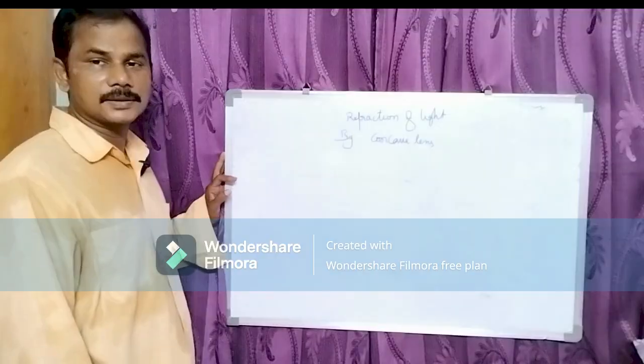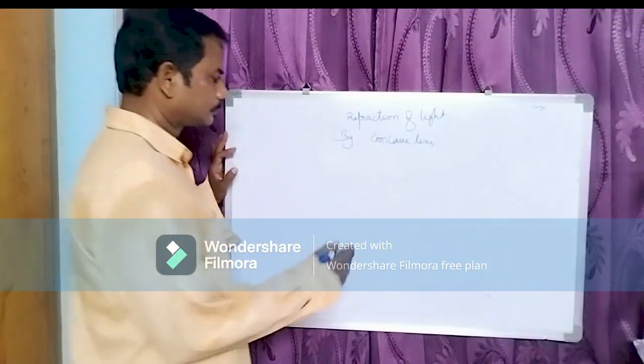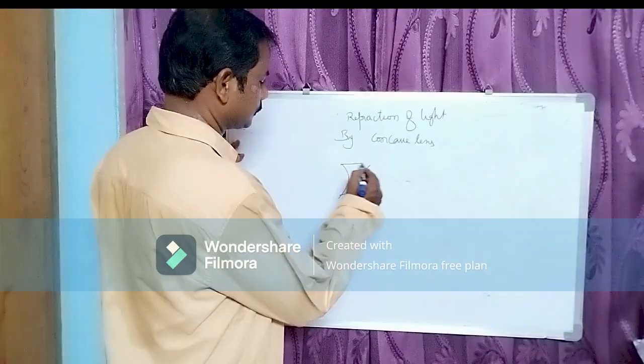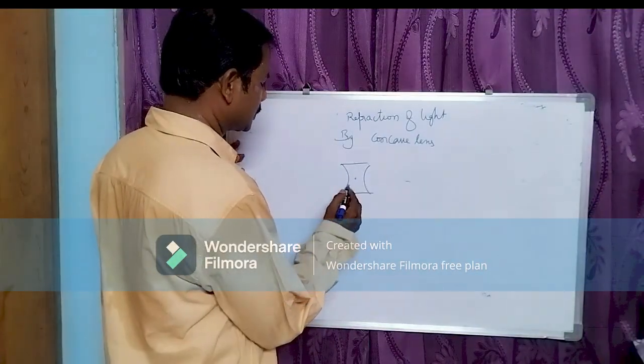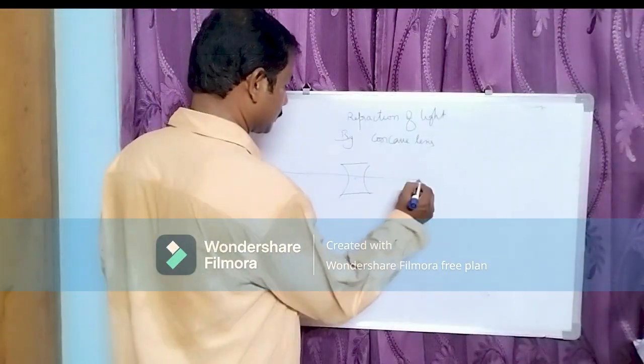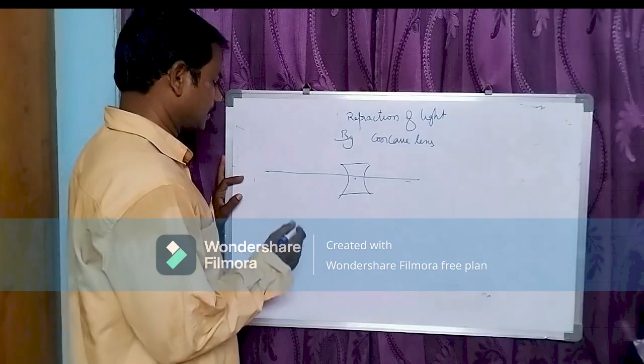Here we have only two cases. Concave lens will be like this. All other things are the same. Here only one thing is different: we don't get the image on the other side, on the same side only.